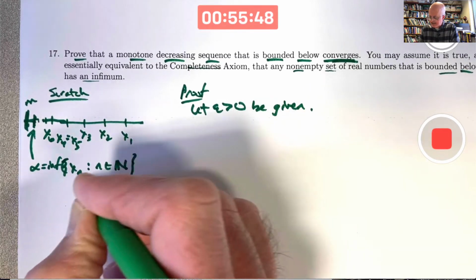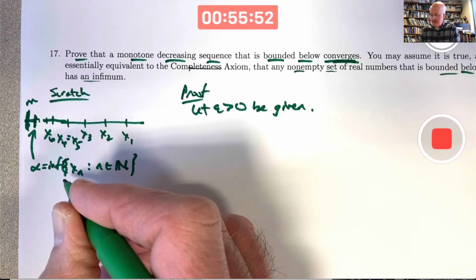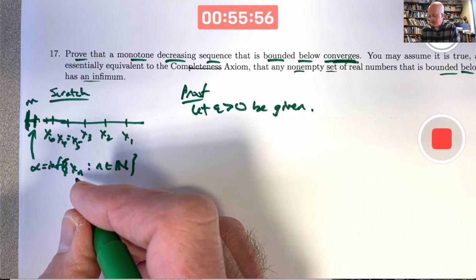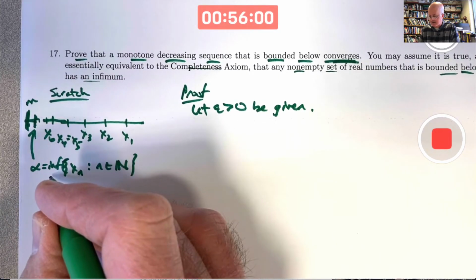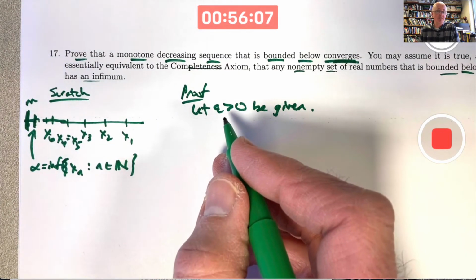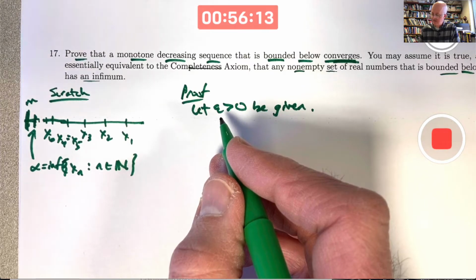This is representing a set, not the sequence itself, the outputs of the sequence, not the terms of the sequence. They're defined by the terms of the sequence. But this is just a collection here, and this is its inf. How about alpha plus epsilon? Is my number bigger than alpha? Bigger than the greatest lower bound. So it won't be a lower bound.